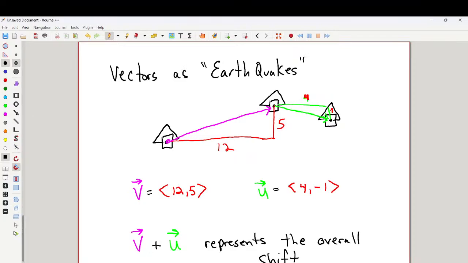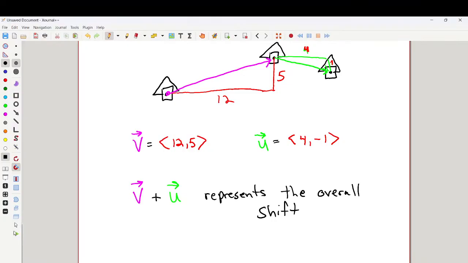Yeah. So basically what you're telling me is that this represents the overall shift of 2 earthquakes. So if you started here and your village got hit with this earthquake and then another earthquake, then it has some context. It does make sense to add 2 vectors and it would represent the overall or the net shift. And if we just go with our human instinct, as Roman said, it's as simple as adding the x coordinates.